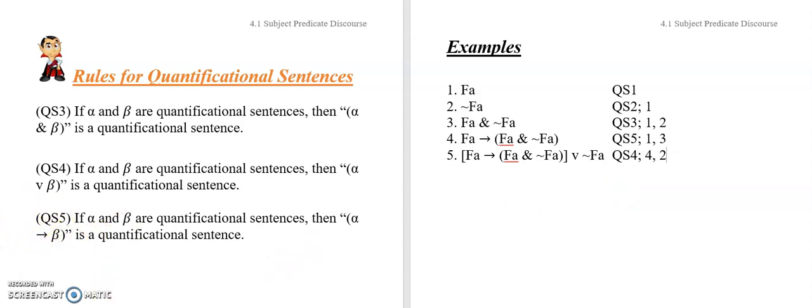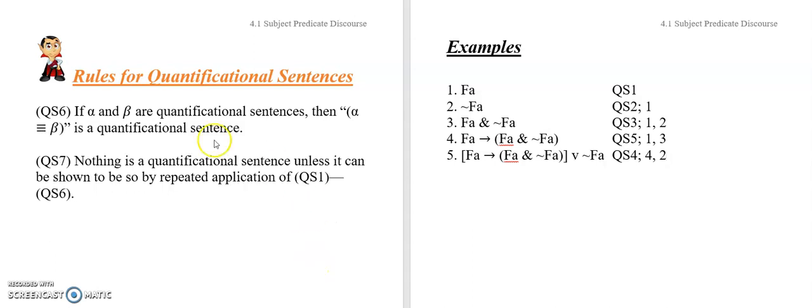So let me pull up the last 2 rules, including QS6. So QS6, Quantificational Sentence Rule 6, all right, basically says you can combine previous sentences, things you've demonstrated to be sentences, with the tribar. So let's give you an example here. Let's do FA, and then we'll do, if and only if.